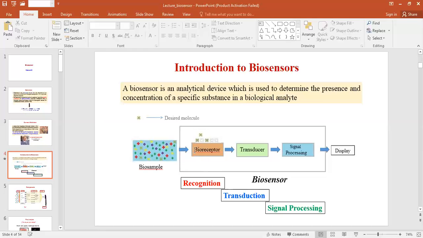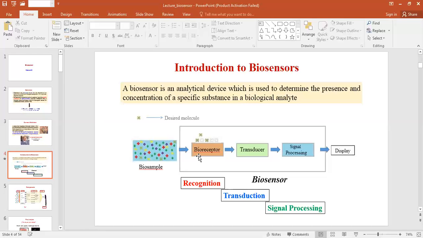Then this interaction will develop some signal, and that signal will be transferred to a different section that is known as the transducer. And this particular method is known as transduction.